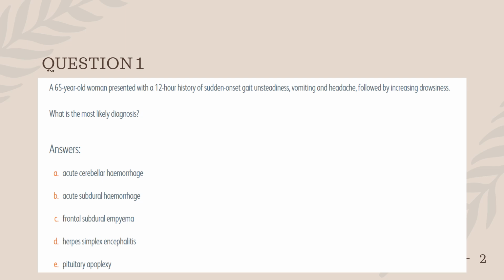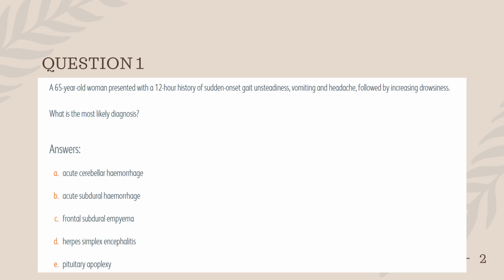So here the key in answering a question is to identify the keywords, identify what they are really trying to ask you and what is the hint in the question. When you read a question, before you come to a diagnosis, always look at the age of the patient, look at the duration of presentation, whether it's acute or a chronic course of illness, and what the presentation is like.